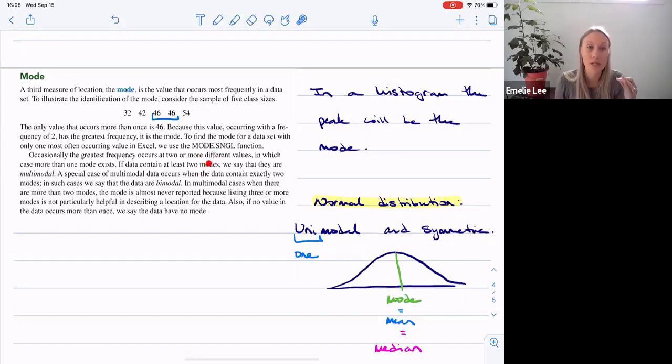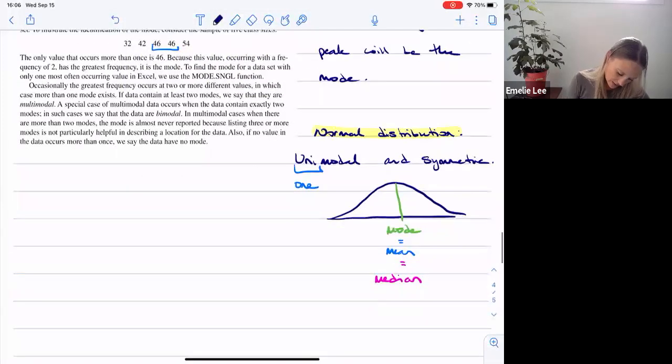I didn't include it here, but I'll post the chapter 2 Excel cheat sheet after class. It becomes a little bit useless if you have more than two modes.